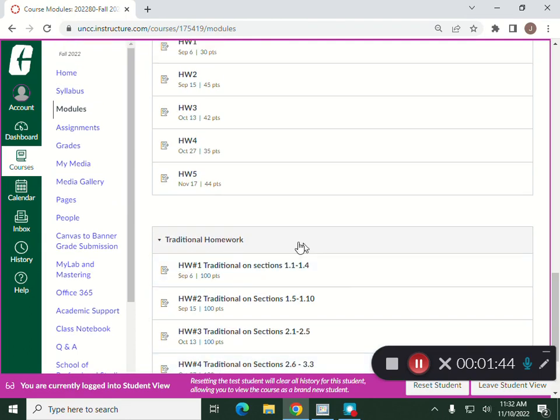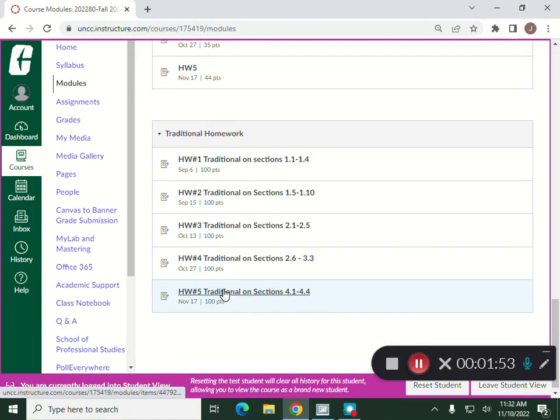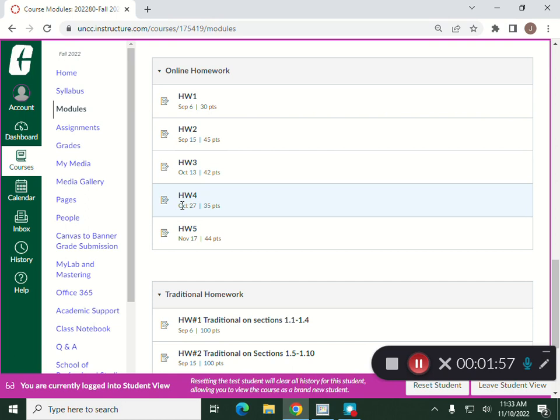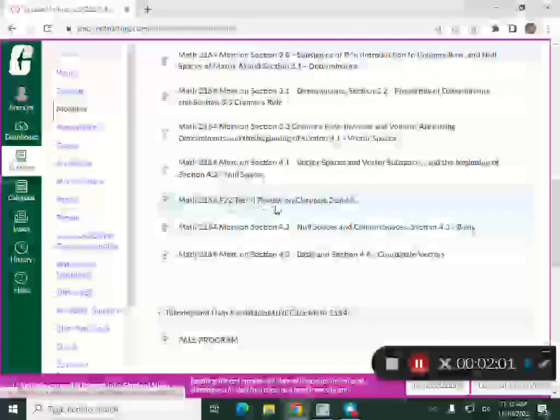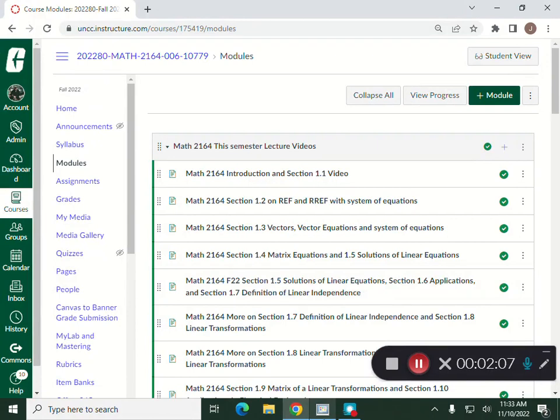So just to let you guys know, you got your 2 homework sets, your classic online homework set and your traditional homework set. This one's due in class on the 17th. The online one is always due by 11:59 that particular night. So there you go.